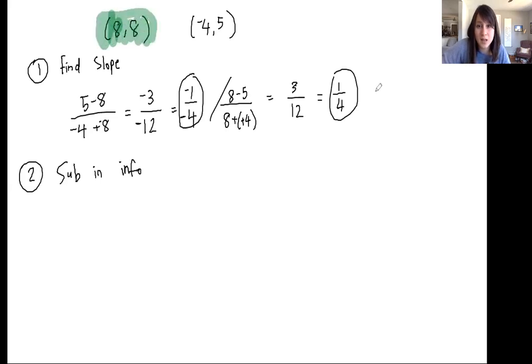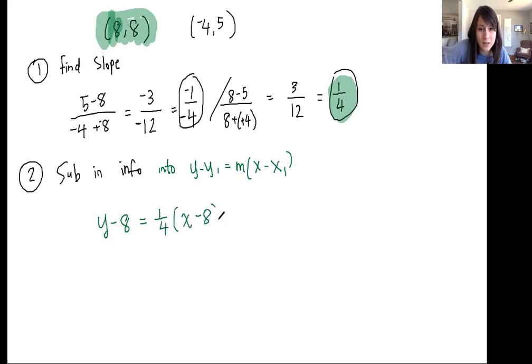And then I'm going to sub in my slope into my equation, y minus y1 equals m times x minus x1. So here we go. Y minus 8 equals 1/4 times x minus 8.